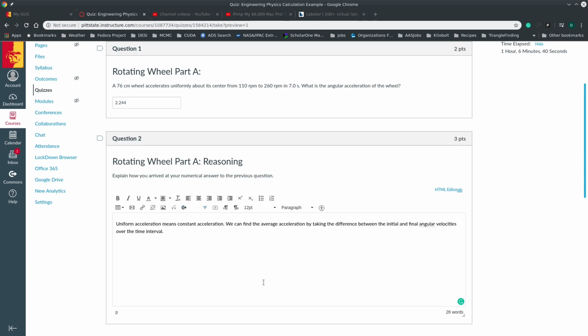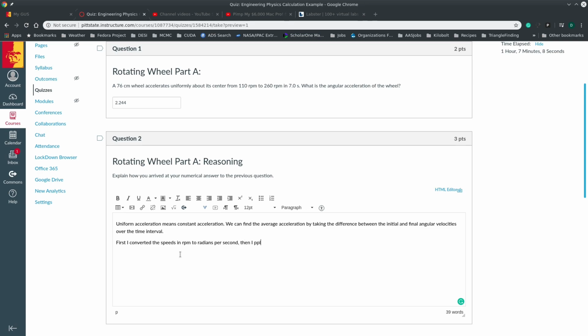And then we want to explain in a bit more detail than just that. So right now I've just given a basic overview of the approach. And then here I could say, first I converted the speeds in RPM to radians per second.